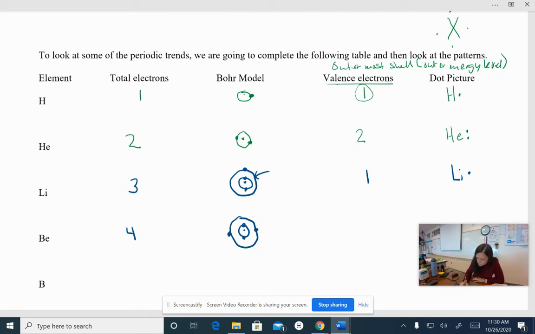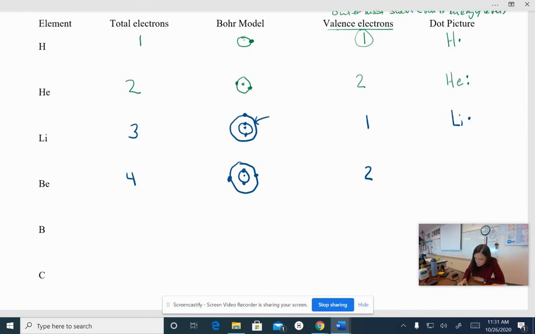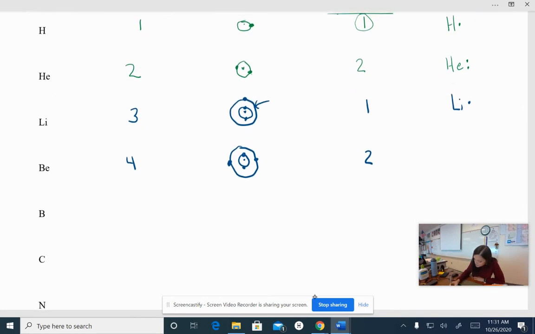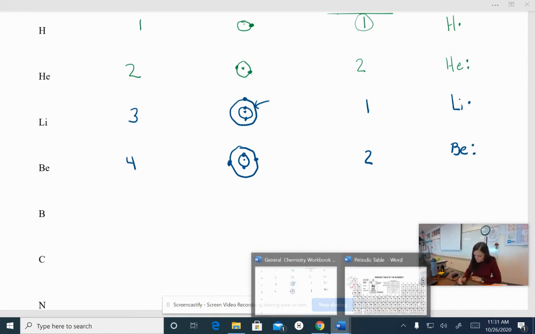And really, you can draw your electrons wherever you want on their respective energy levels. So I have 2 electrons on that outer ring, so I will have 2 valence electrons. So when I draw beryllium's dot picture, I am going to show that beryllium has 2 electrons in its outermost ring.